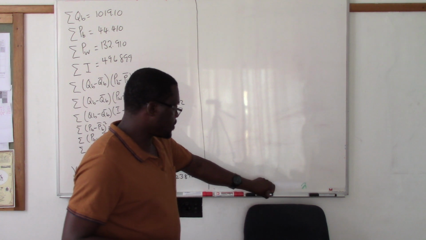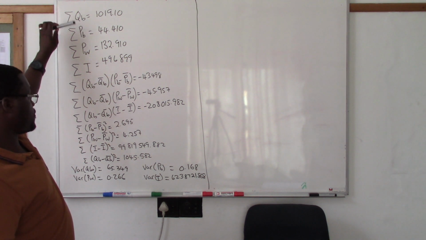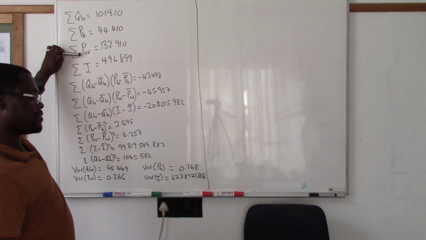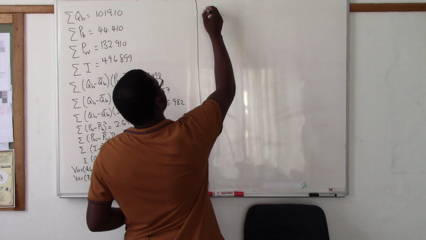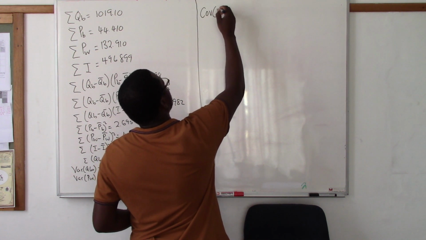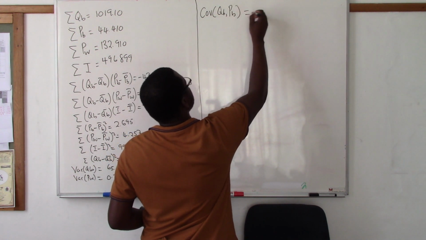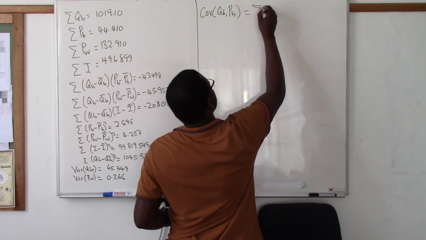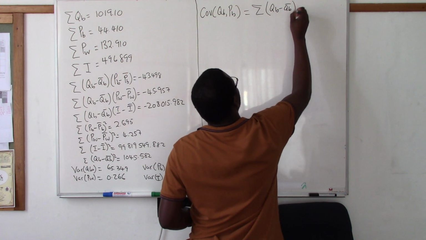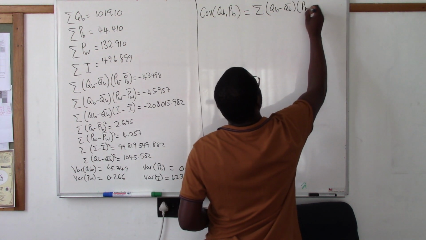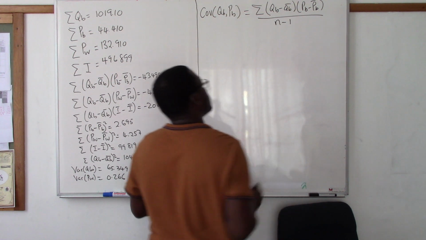So what you will recall, QB representing our quantity of beer, PB price of beer, PW price of wine, I representing income. What you recall is that the covariance of QB and PB is just equal to the summation of QB minus QB bar, PB minus PB bar, everything over n minus 1.